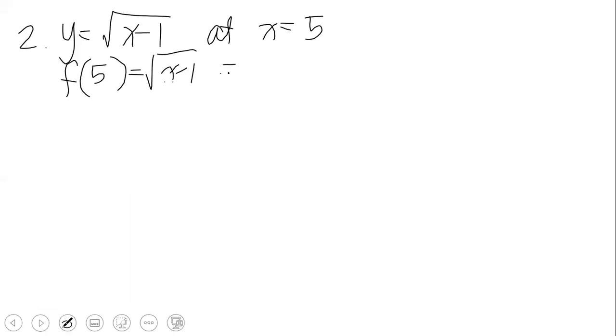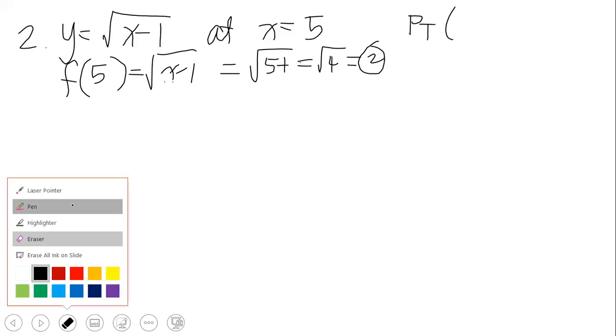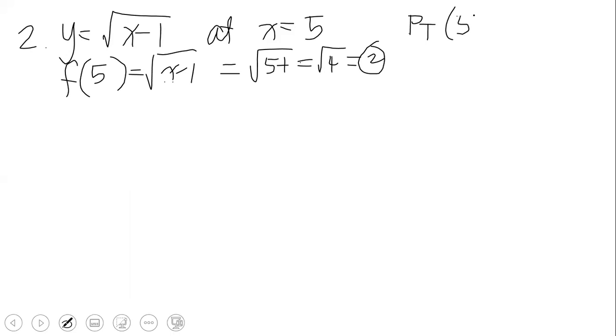So let's solve the value. Square root of 5 minus 1 is square root of 4, which is equivalent to 2. Therefore, the point of tangency is at (5, 2).